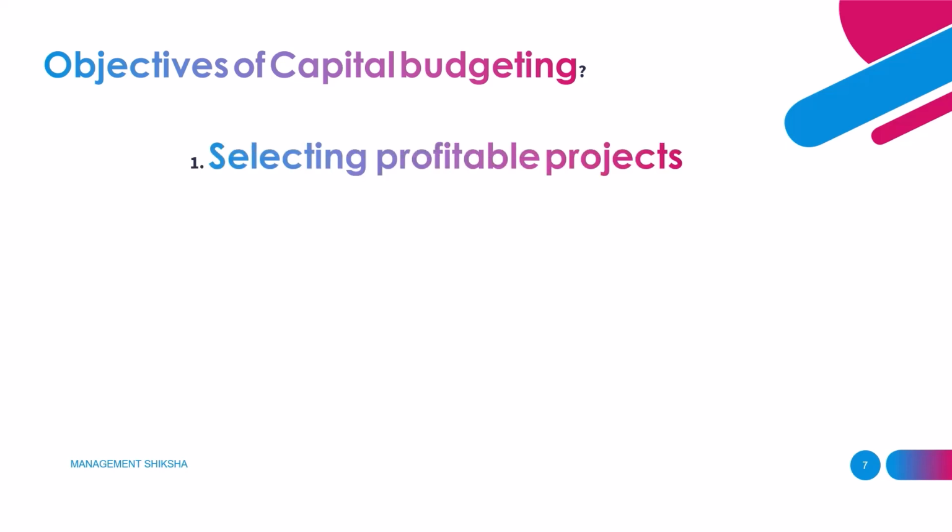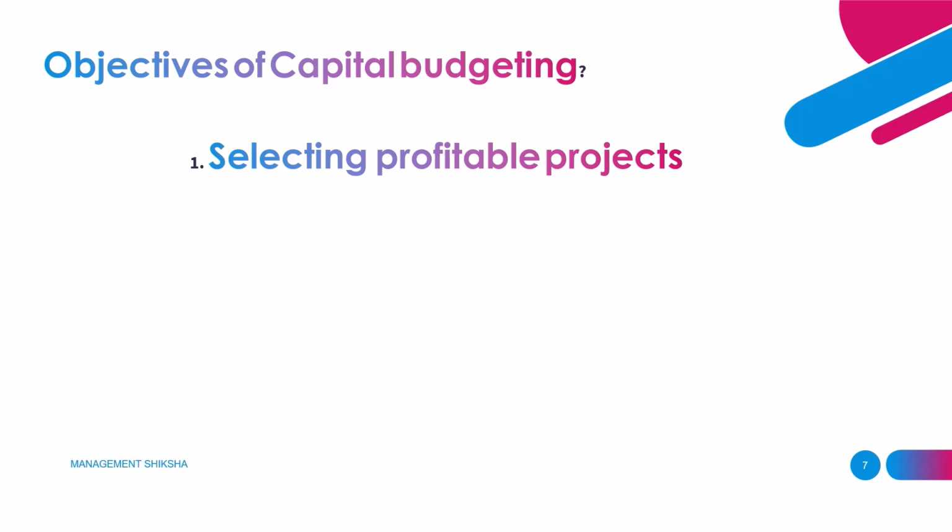An organization comes across various profitable projects frequently. But due to capital restrictions, an organization needs to select the right mix of profitable projects that will increase its shareholders' wealth.